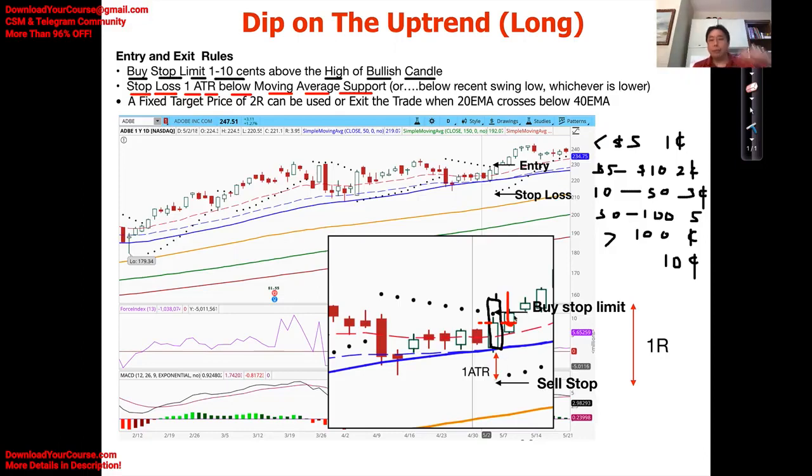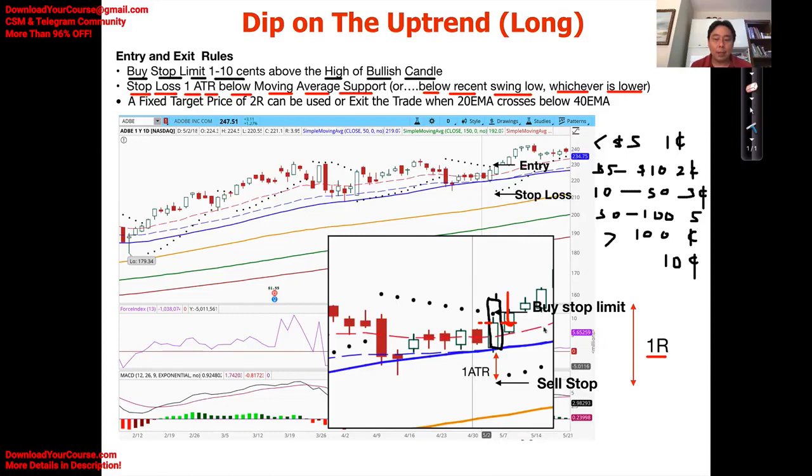So the distance from the buy entry to the stop loss will be known as 1R. Recall what 1R means. R represents your risk, which is the risk per share or the risk distance. Now, also take note that your stop loss should also be below the recent swing low, whichever is lower. Let me repeat that once again.